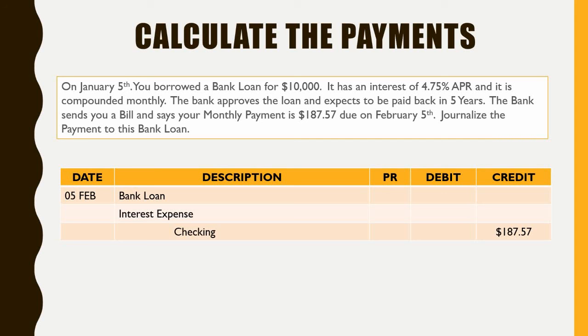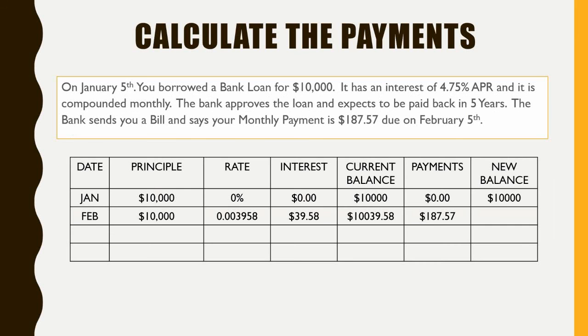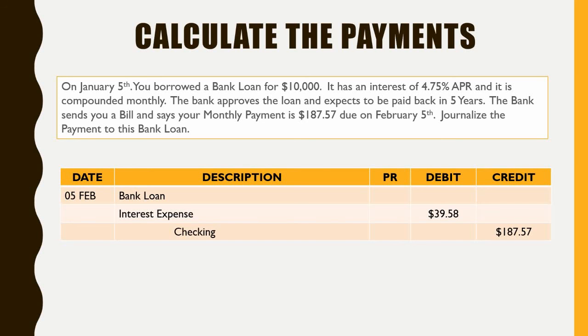So in this case, if I'm making a payment of $187.57, by calculating this amount right here, $39.58 was already the amount that I calculated for the monthly interest.